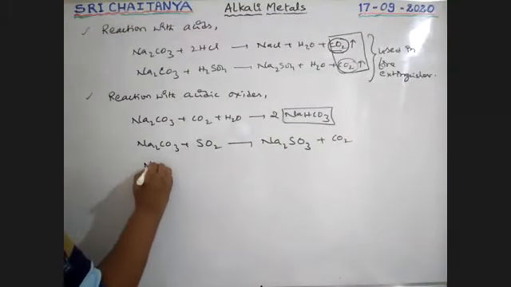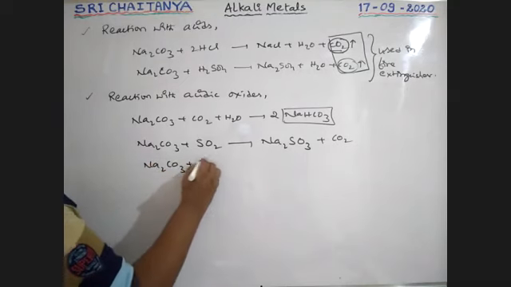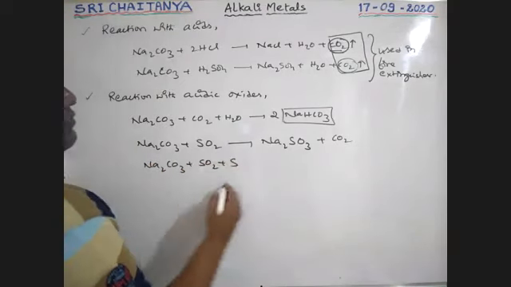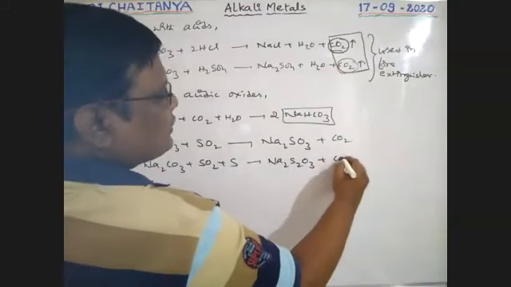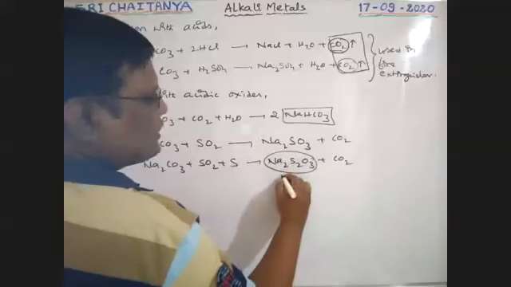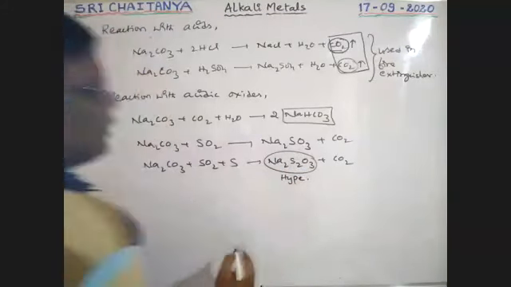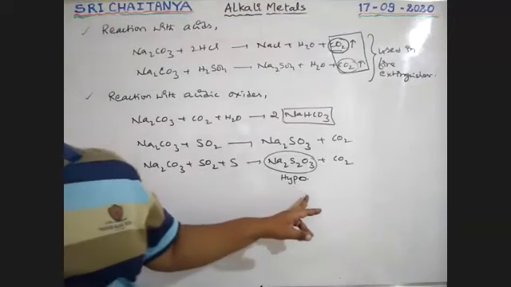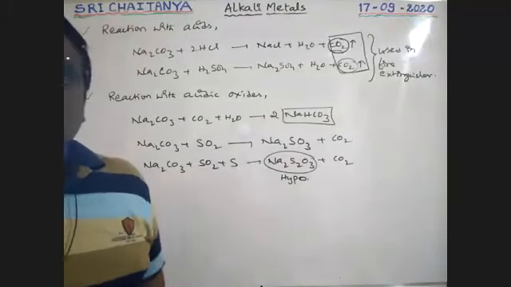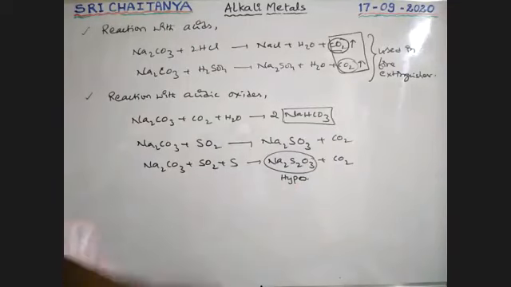Next, same Na2CO3 when it reacts with SO2 in the presence of sulfur gives Na2S2O3 plus CO2, which is called hypo. So it is used to prepare hypo. It is a very, very important product, boys. In our laboratory, hypo is very important and required. So it is the preparation method.